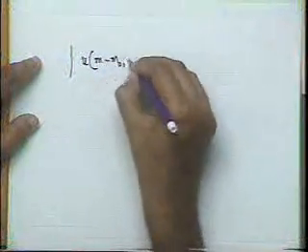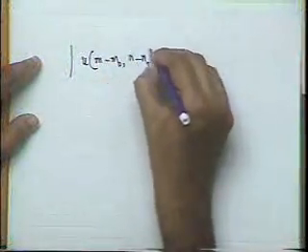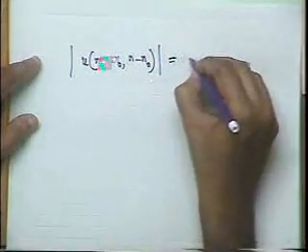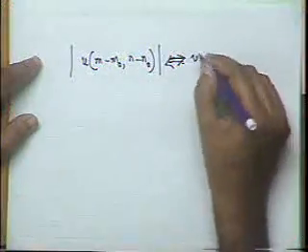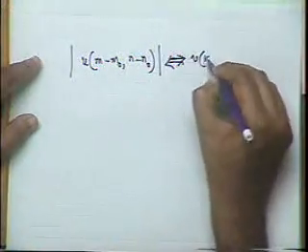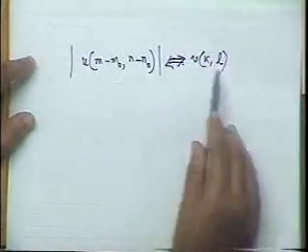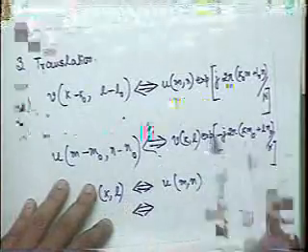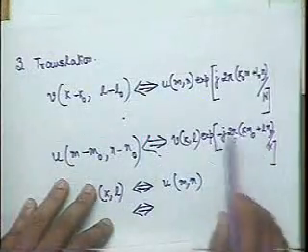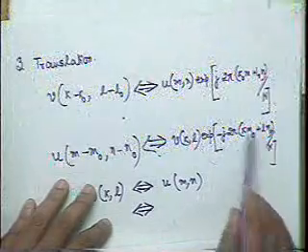The magnitude of its transformation is v(k,l), because this exponential term corresponds to the phase; it contributes to the phase.